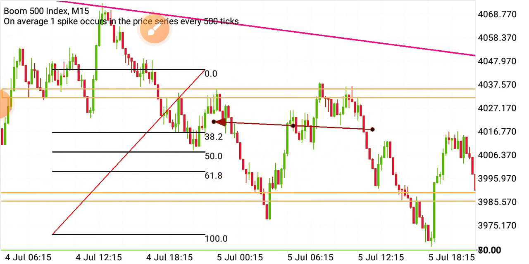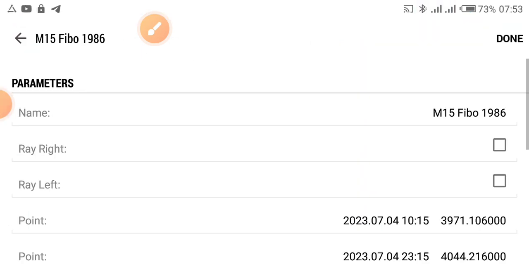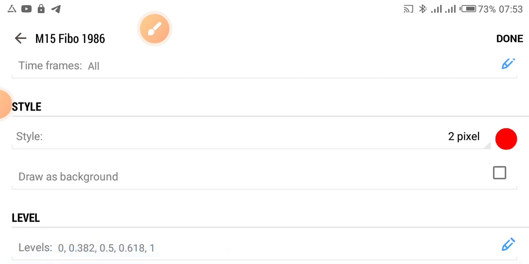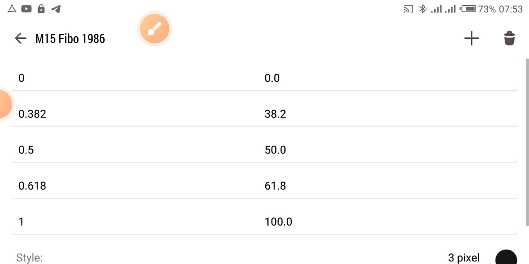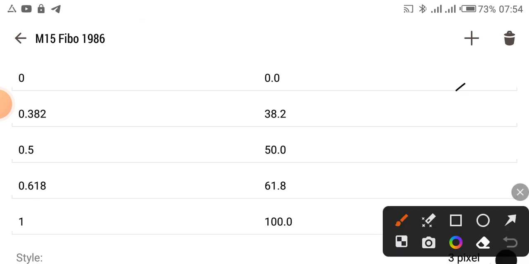Then you will have to use the pencil icon. After bringing out your Fibonacci tool and drawing it, you press and hold it, press the pencil icon, then go down to where you have levels. You press this pencil icon, then you can either add or remove levels. If you have so many levels, you can remove them by tapping on this bin tool.